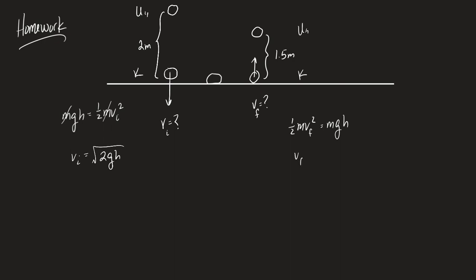So v final is going to equal the square root of 2gh. The right side, the height is 1.5 meters. The left side, the height is 2 meters. So this one is the square root of 2 times 10 times 2. And the right side, square root is 2 times 10 times 1.5.